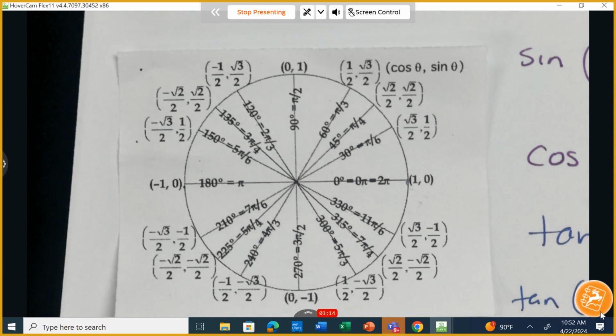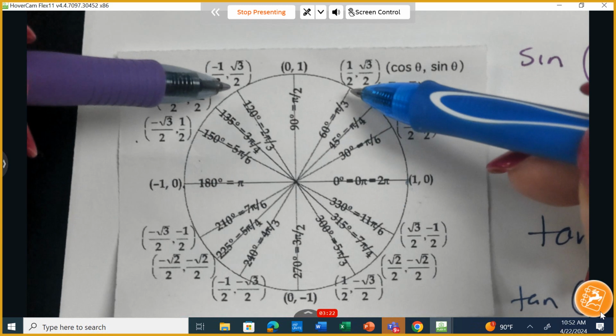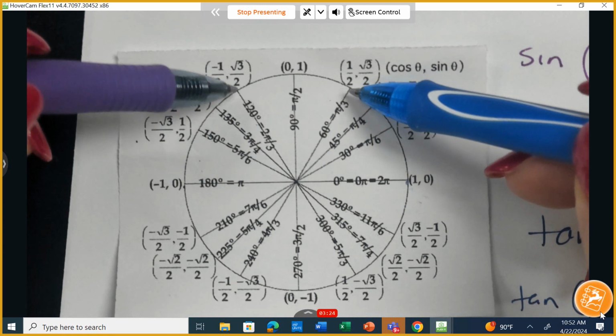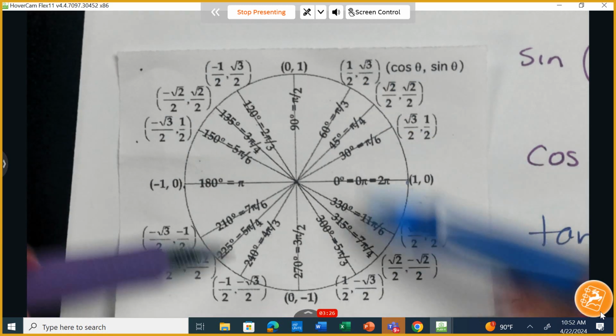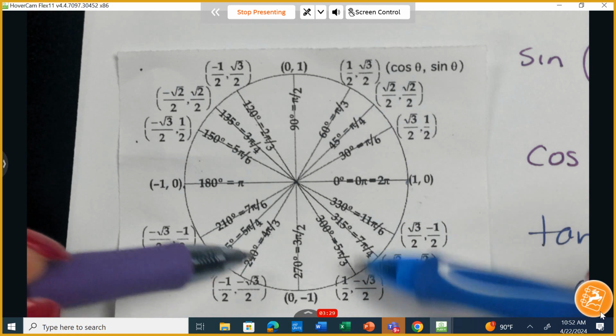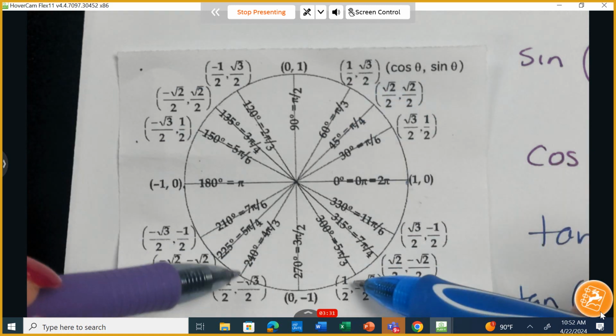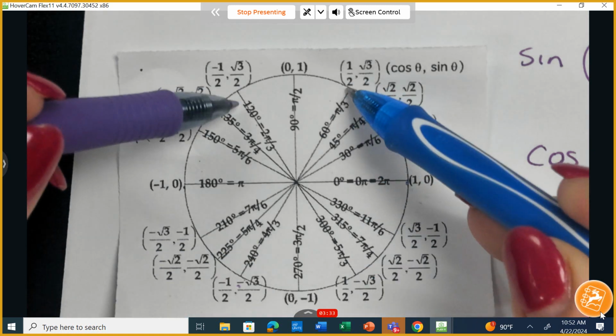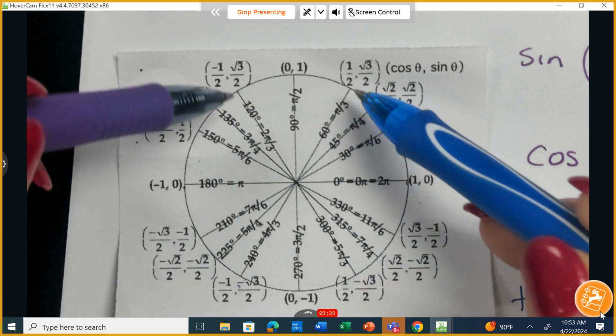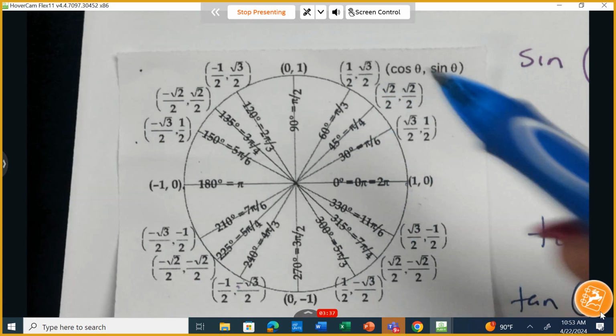So here's my goal. My goal for you first is to know this. My goal, and I'm going to use the pens here, is there are 4 places that are very similar. These are all reference angles to 60 degrees. So these two and these two. That means they all have a tangent of radical 3, but the symbol in front is going to differ.